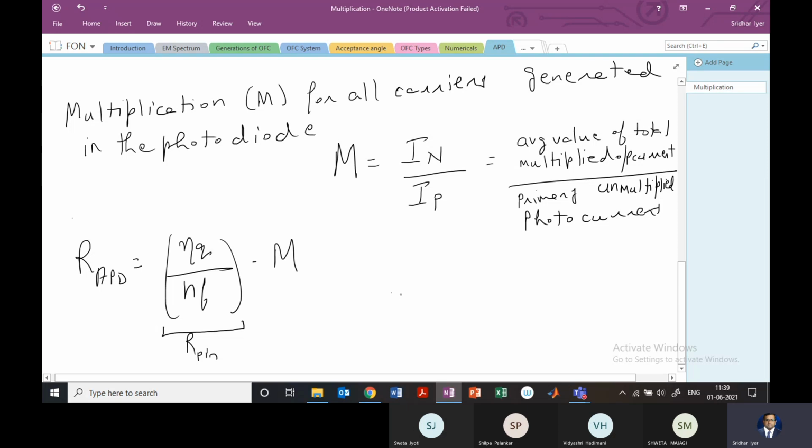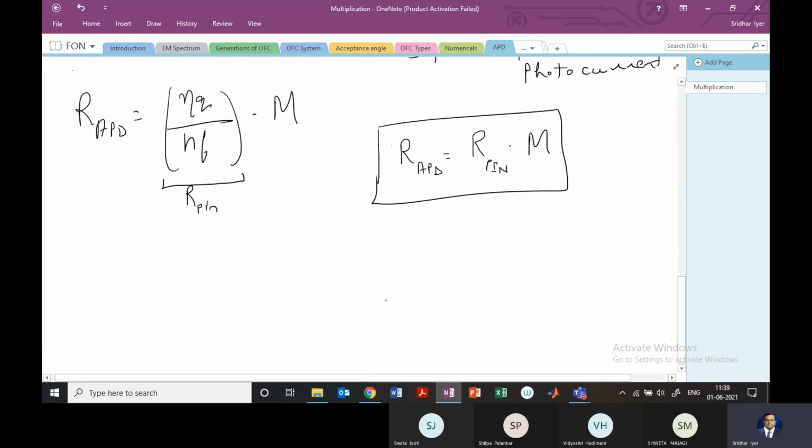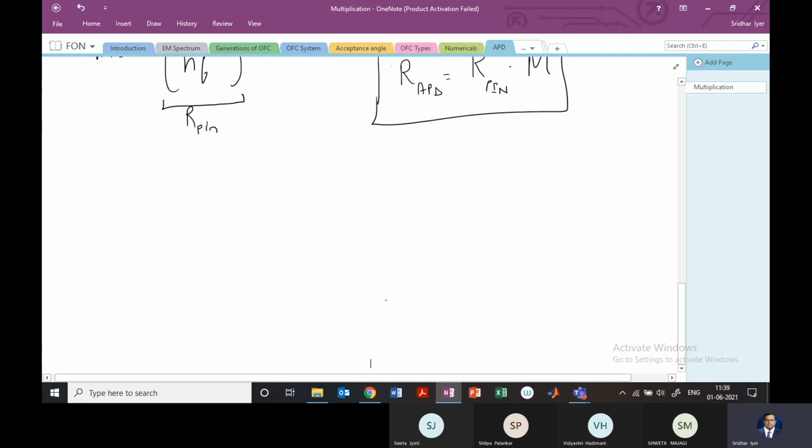So comparing the responsivity of the APD with that of the pin diode, APD will give you M times the responsivity which you get from the pin diode. As I've told, we expect this responsivity to be as high as possible, but it is not usually that high, right? So we'll be using this equation for the numericals, and I'll let you know.